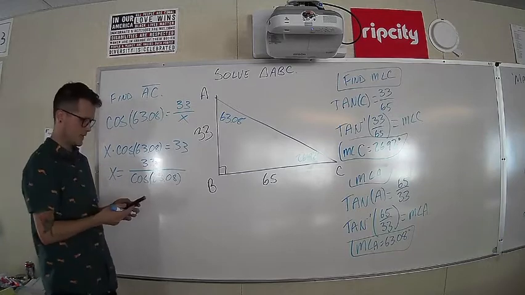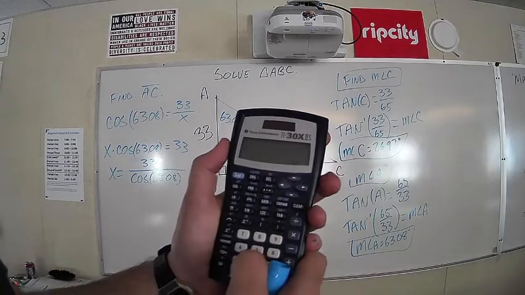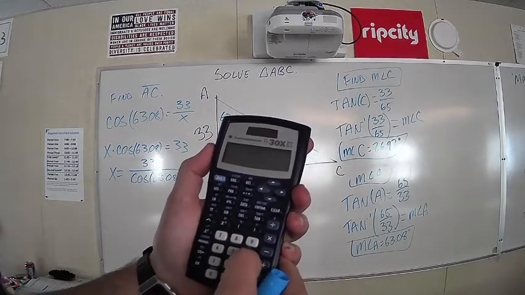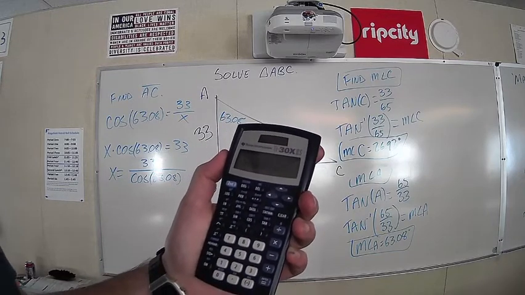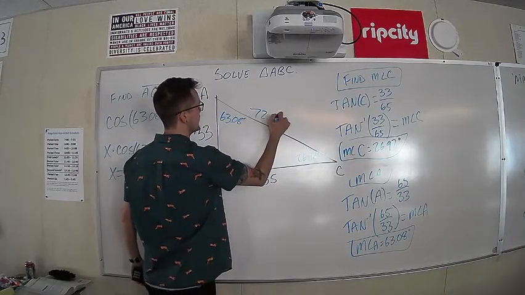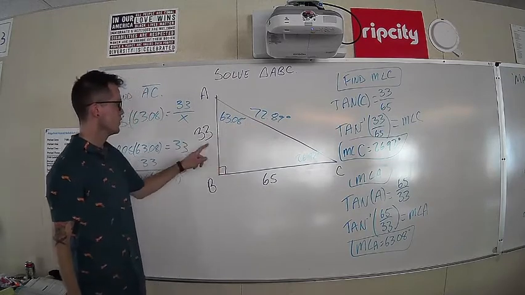Bust out our handy calculators. Again, I'm going to show you how to do it on the TI-30. I type in 33 divided by cosine of 63.08, close my parenthesis. Boom, our side length is 72.89. And that seems to make sense because this is indeed bigger than both sides.